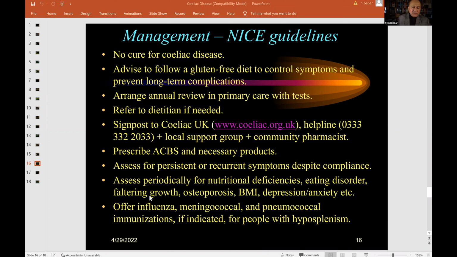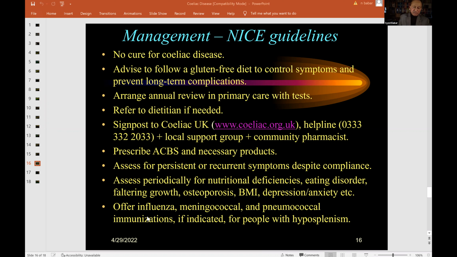In children and babies, faltering growth. In vulnerable adults, osteopenia. And in young people, depression and anxiety, and so on. Because of the potentials of vulnerability, patients with diagnosed celiac disease need to be offered protective seasonal vaccines, such as for influenza, meningococcal, and pneumococcal immunizations.